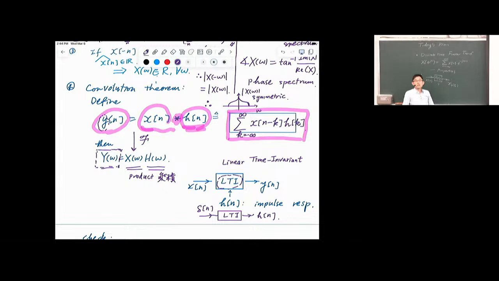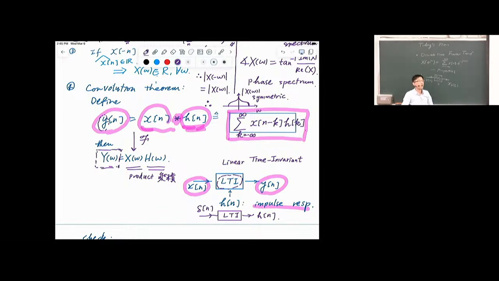We'll make sure we understand it in chapter 5. Any such system is completely characterized by its impulse response. For any arbitrary input fed to the LTI system, the output y equals the input convolved with the impulse response.